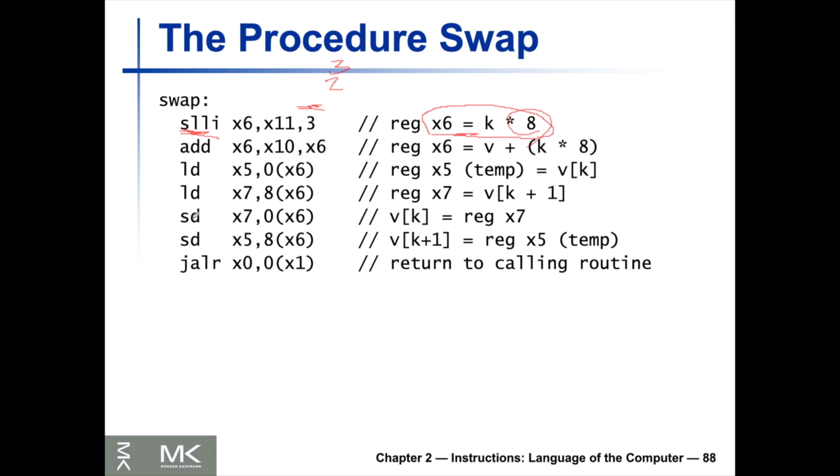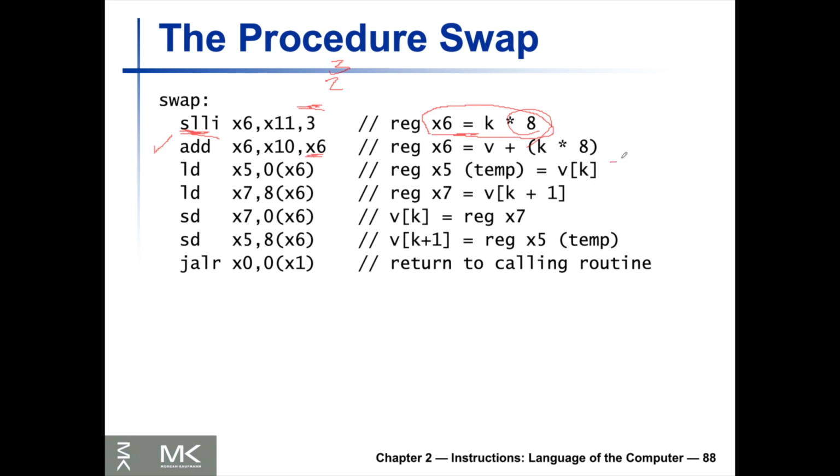So this is 8, which is equal to 2 to the power of 3, so that's what the shift left is doing here. Now we load v[k] using x6, and then v[k+1] by adding 8 to x6, okay? So you're up to here now. Then we store x9 and x11 to the swap address.